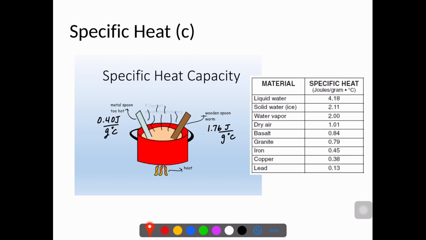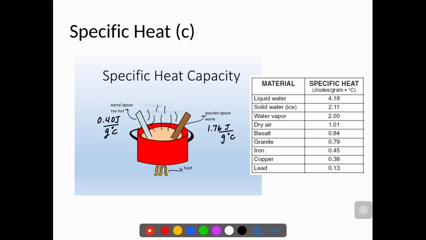Think about what that means when substances have low versus high specific heats. Let's say you put a metal spoon and a wooden spoon in a pot of soup. By experience, you know that the metal spoon gets hot quicker. Why is that? Because it has low specific heat. Metals have low specific heat. That means they change their temperature very quickly.